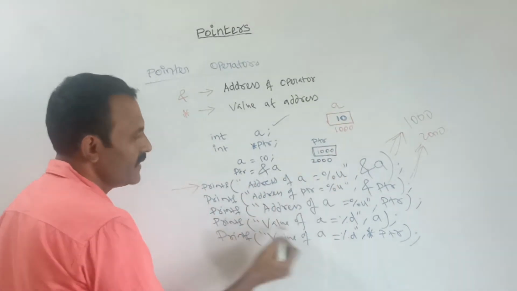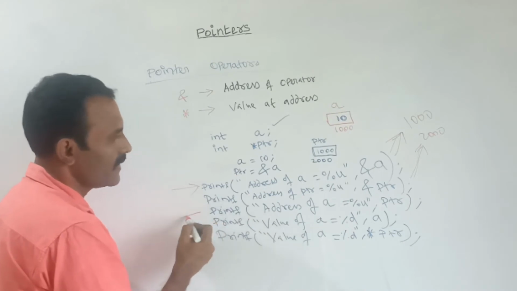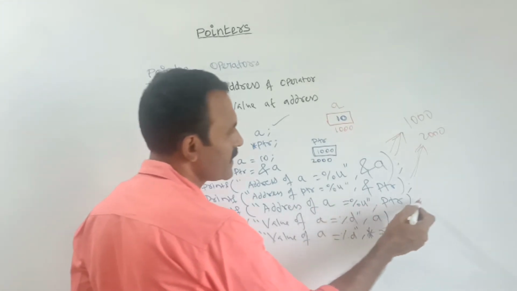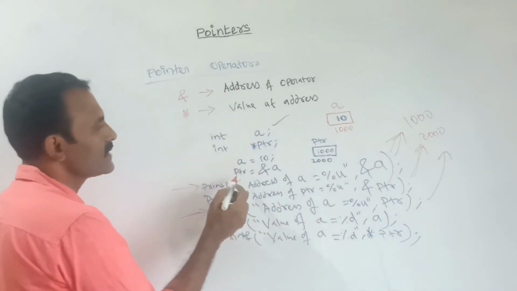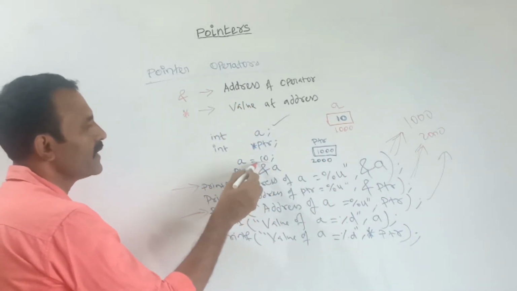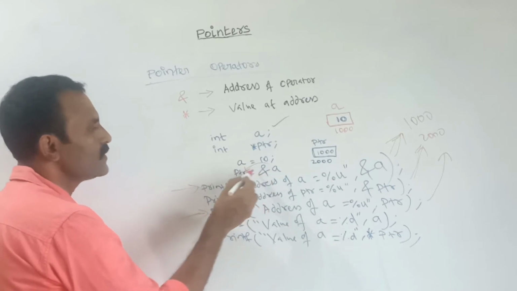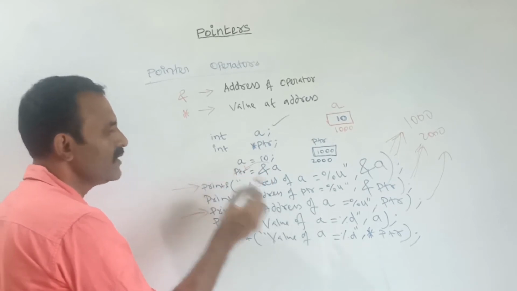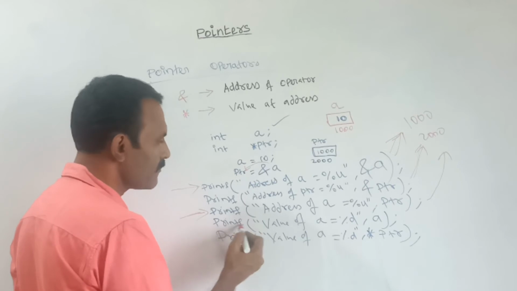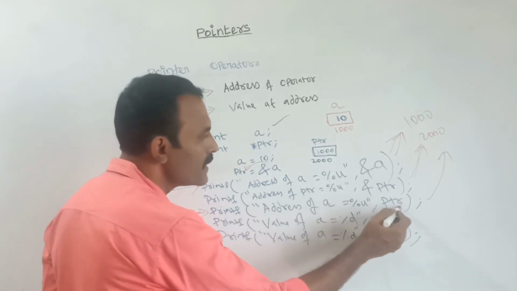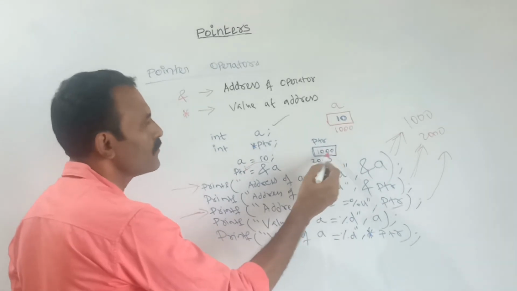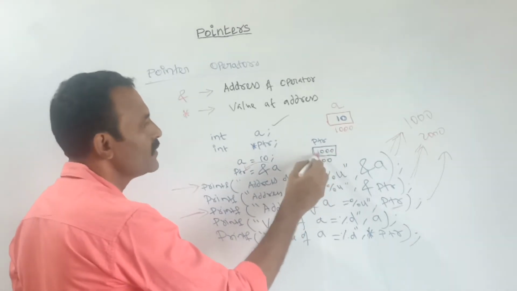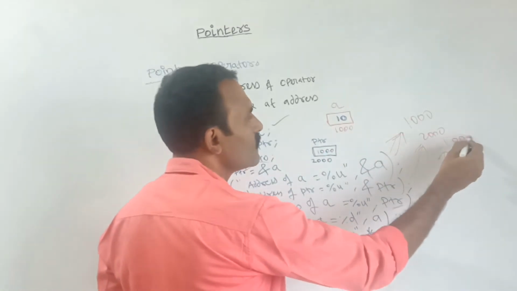So in this statement, address of a is equal to, we can give ptr also, because ptr is equal to ampersand of a, the address of a is stored in the ptr variable. So I am telling it to print the value inside ptr, that address value. So the result will be 1000.